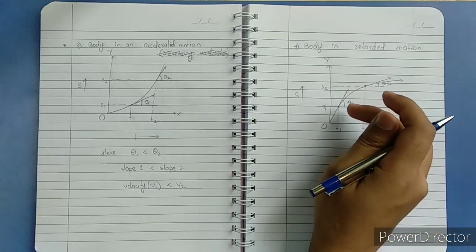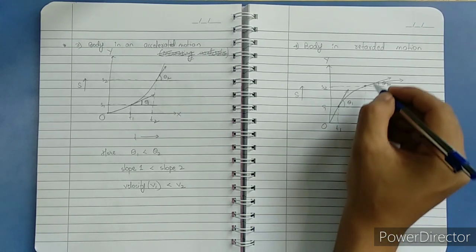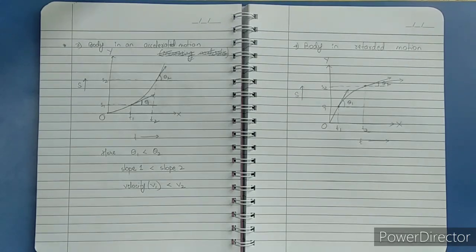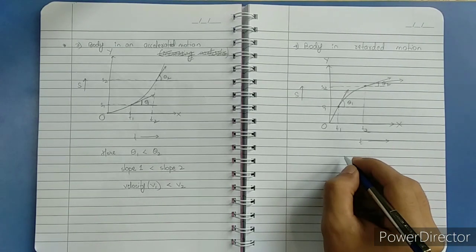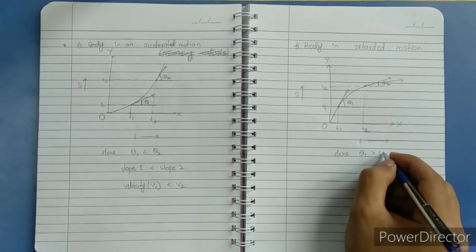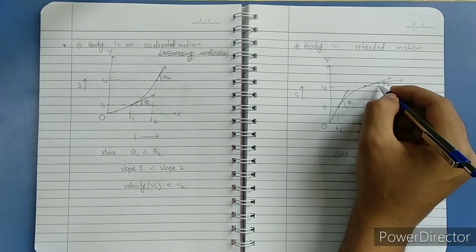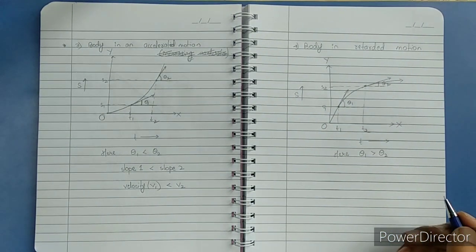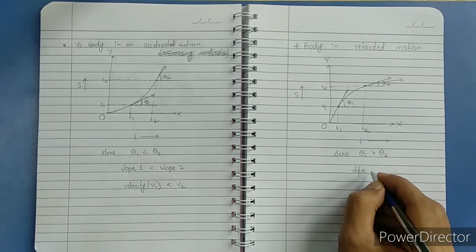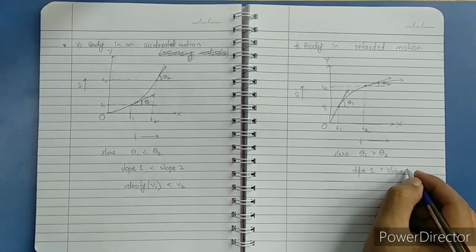We can take any line parallel to the x-axis, so at this point we are making this line parallel to the x-axis, and for the other point we are making a line parallel to the x-axis over here. So here theta 1 is greater than theta 2, since the separation between these two lines is greater over here and this one separation is smaller. So slope of 1 is greater than slope of 2.